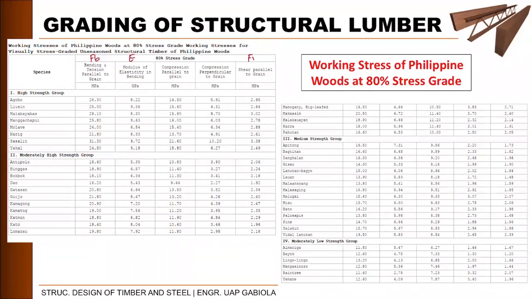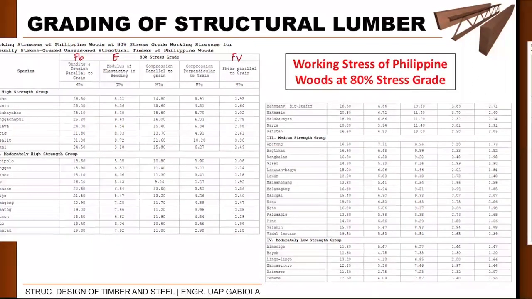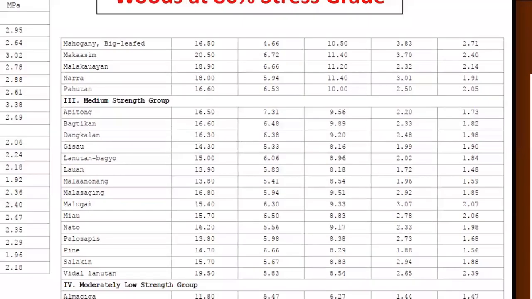Hanapin natin si Apitong. In high strength, hindi siya high strength, no? Moderately high. So, saan ba? Hindi din siya moderately high. Si Apitong po ay ito. Okay? Ayan. Let us close up lang. Yan, si Apitong po ay ito.